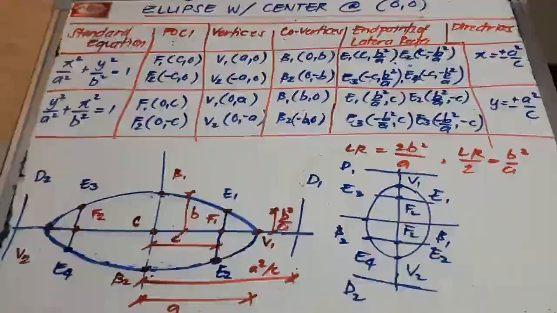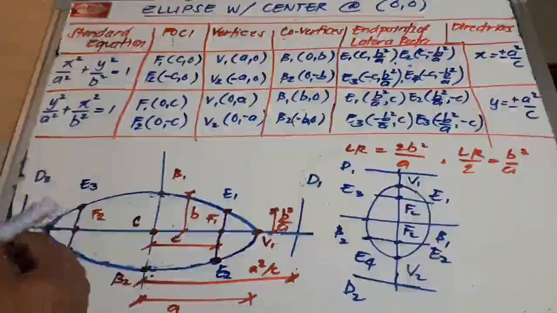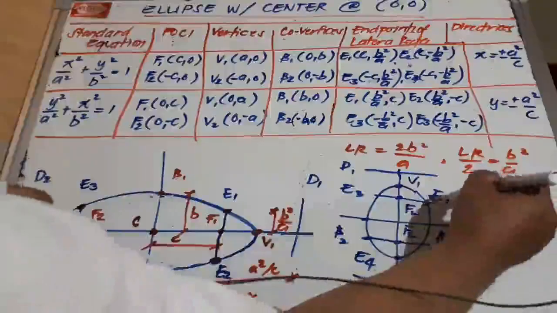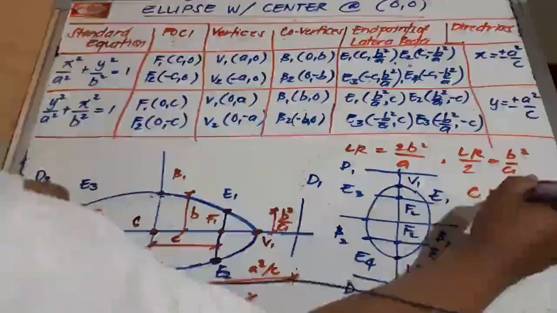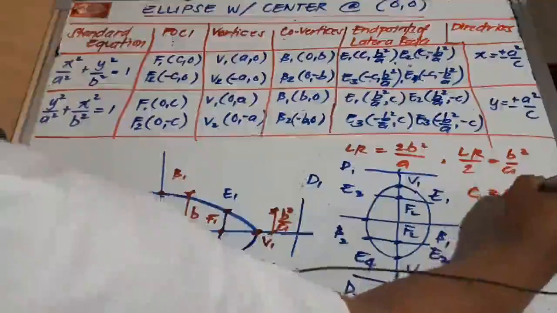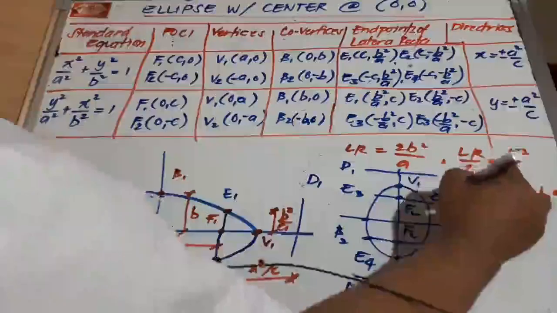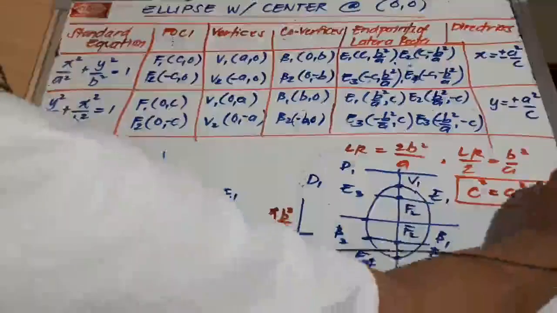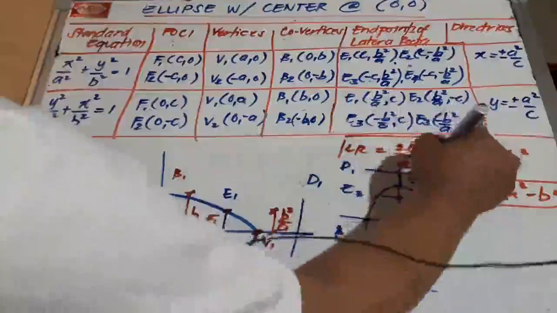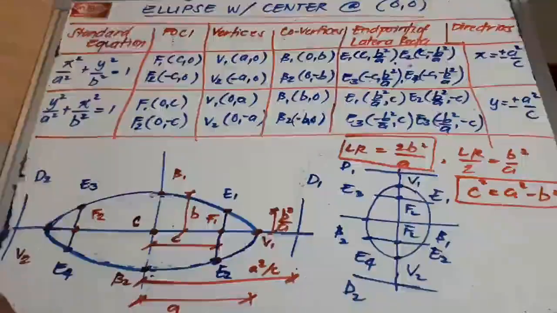So, basta't lagi nyo lang tandaan, latus rectum is 2b squared over A. And another formula to compute for C, which is the location of the focus or our focal point, is C squared equals A squared minus B squared. So, this formula and this formula napakahalaga in finding the focal point and the length of the lateral recta.